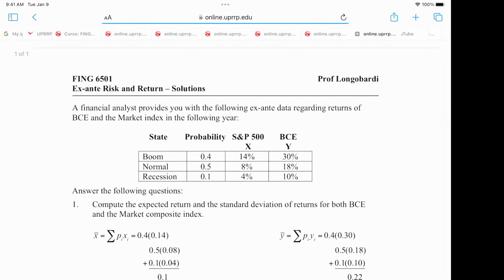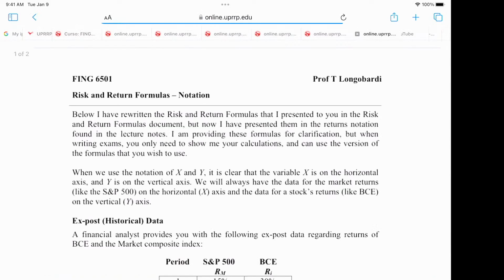I'm gonna fix that, because what I have is this one. No, you're missing a document, so that's all right. I'll put that up. The one that says risk and return formula should be different from the finance notation one. Anyway, let's work with this.